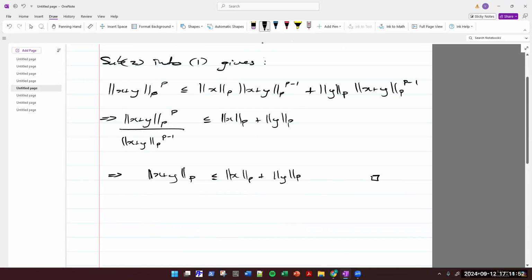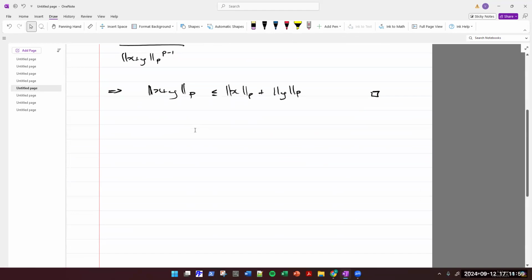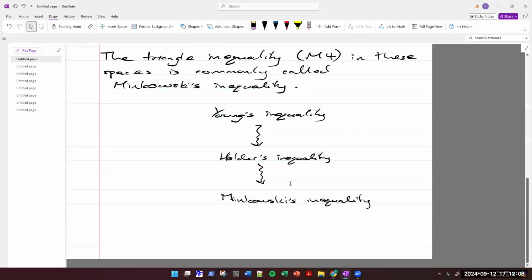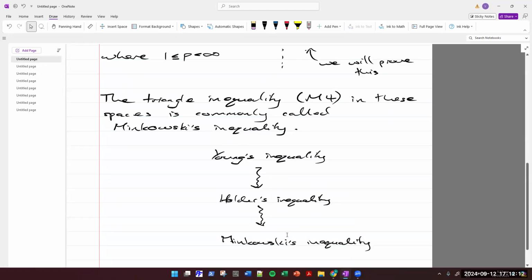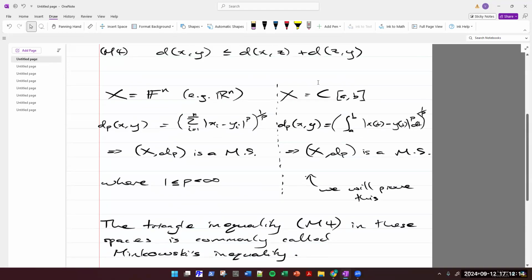So that's it in terms of it being a norm, but how do we prove it in the sense of a metric? Right? So we proved Minkowski's inequality, and I claim that in order to show, so the original question was, in order to show that this space under this metric was a metric space.